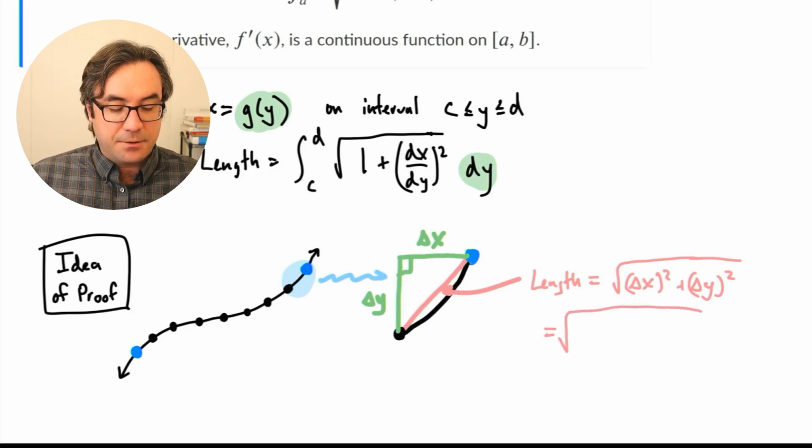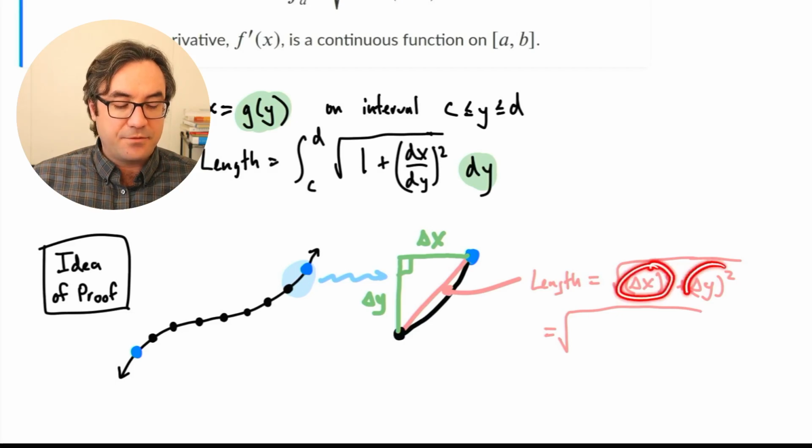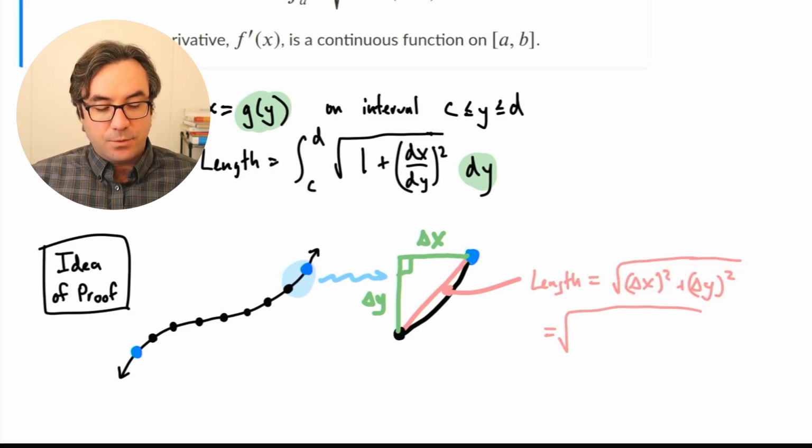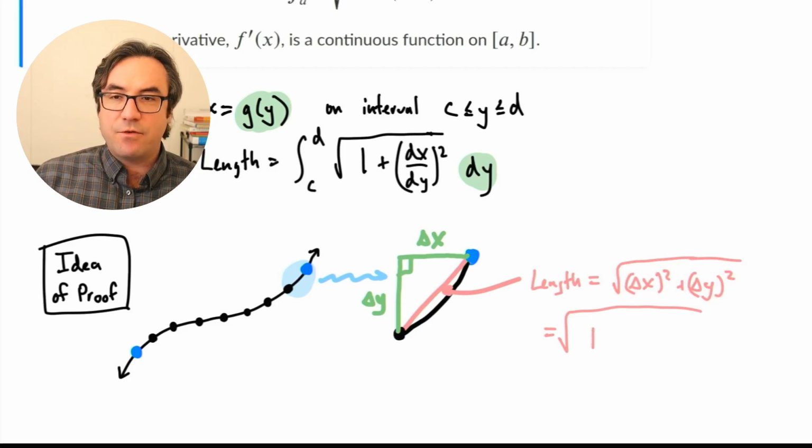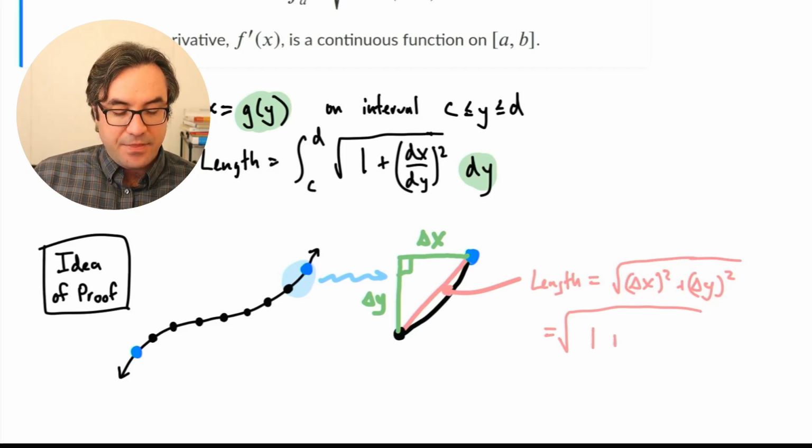I'm going to factor out a delta x squared from this term and from this term. So when I factor out that first term, I'm just going to have a 1 left. And then in my second term, I'm going to have delta y over delta x squared, and then this whole thing times delta x squared.